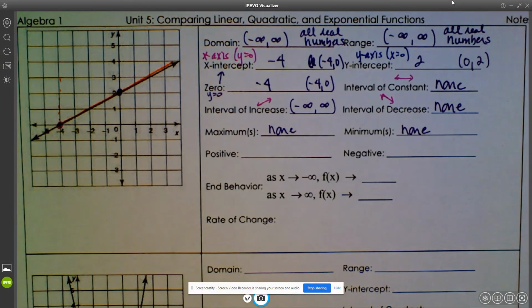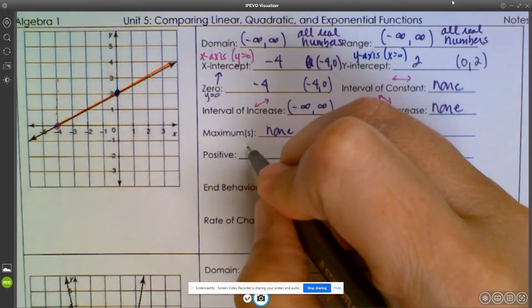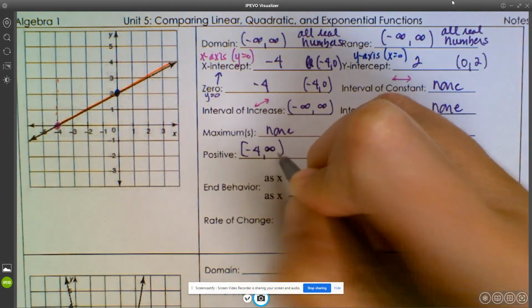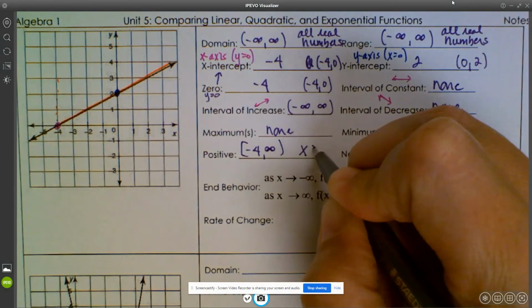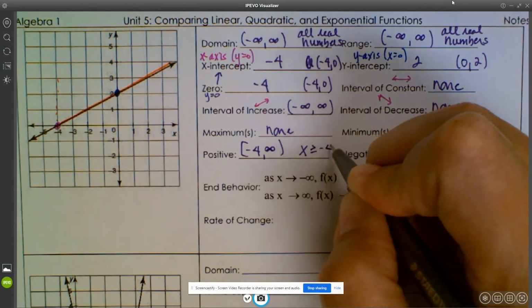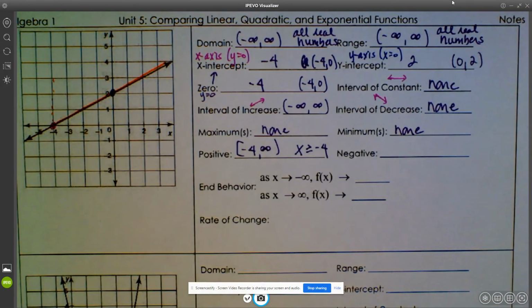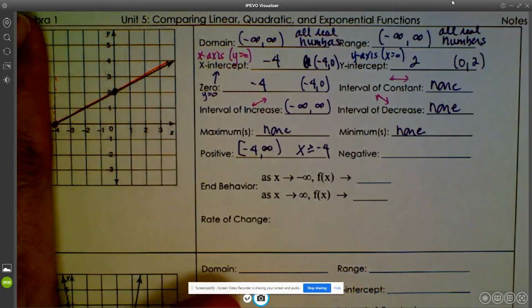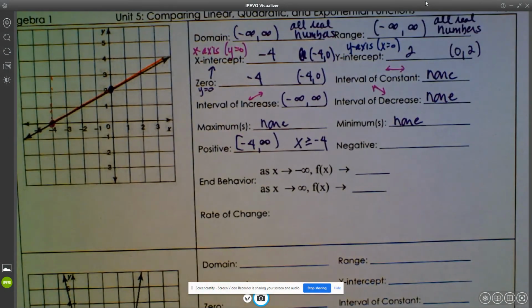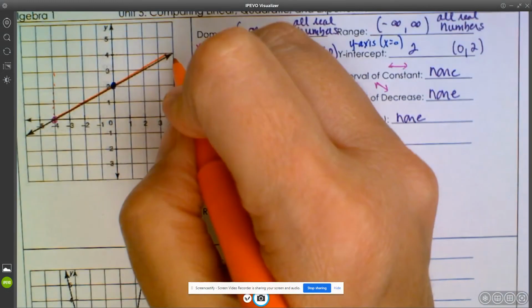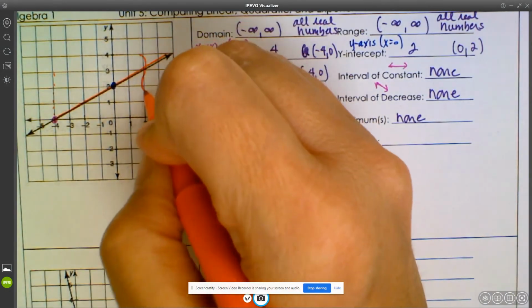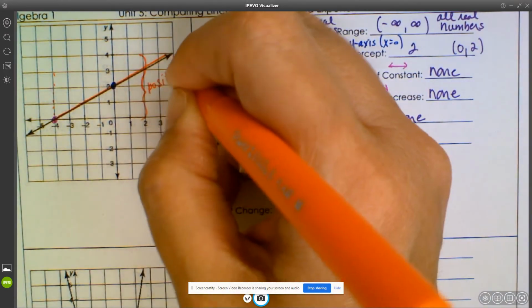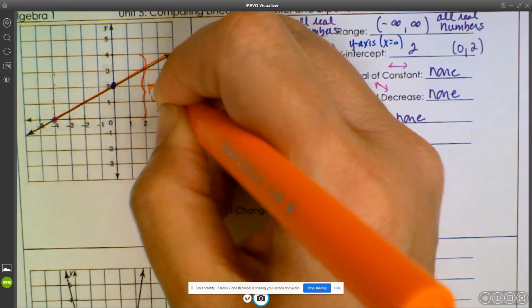So our graph is positive from the interval -4 to infinity. Or you could say where x is greater than or equal to -4. Think about it. From here, all of my y coordinates are positive, okay? I'll even make that notation. This is where these are positive y coordinates, okay?